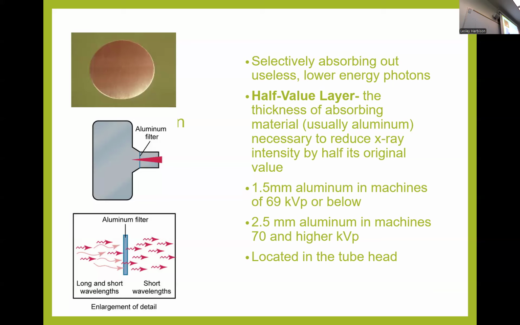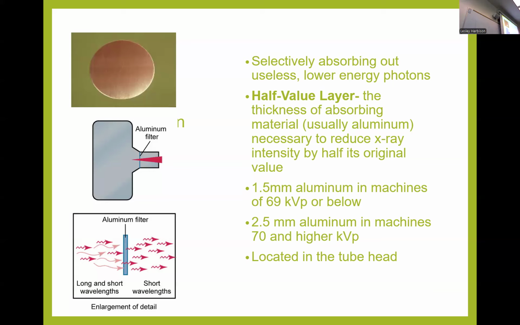They stick a filter in there, and it's important for you to remember that that filter is made of aluminum. That can be a test question. What's the filter made of? Now the filter is made of aluminum, and it's usually made in different thicknesses.